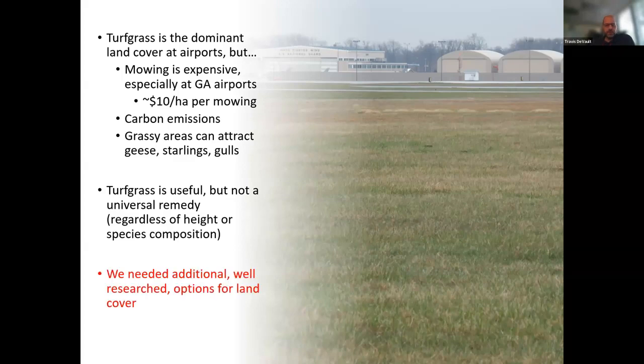There was a push years back for additional well-researched options for land cover. If an airport or a military airfield was going to take some turf grass areas and change them into something else, what could they do that would not increase wildlife hazards to aircraft, and potentially even better, reduce wildlife hazards over what they had with the turf grass?